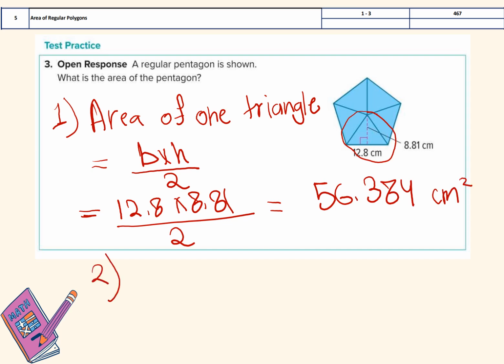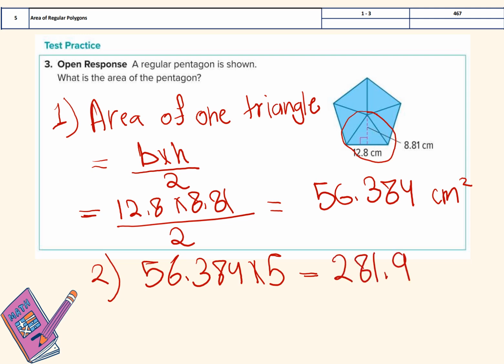Step number 2 is to multiply the area of one triangle by 5. So we're going to get 281.92 square centimeters. And that's it for this question.